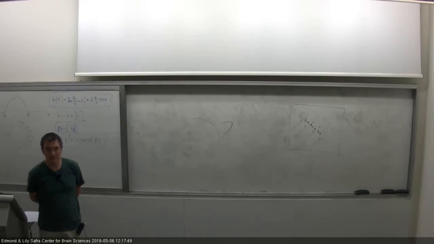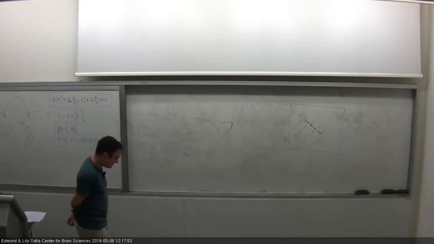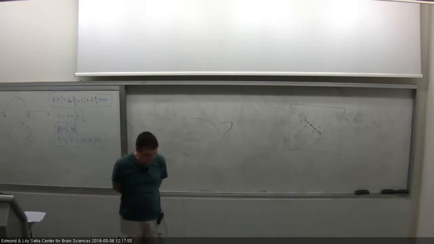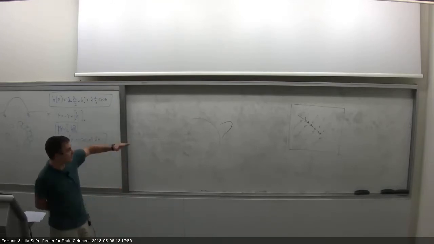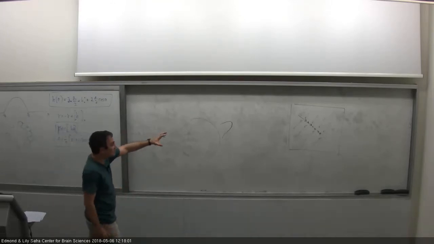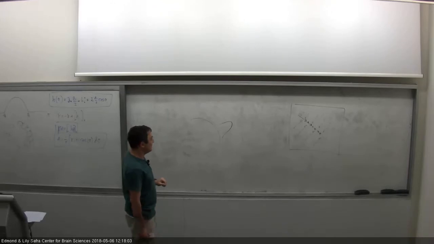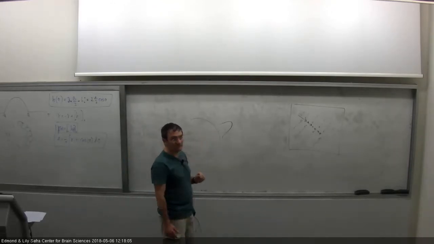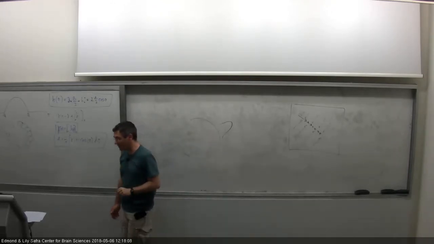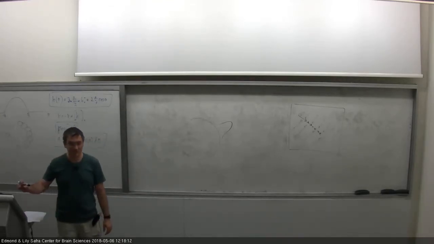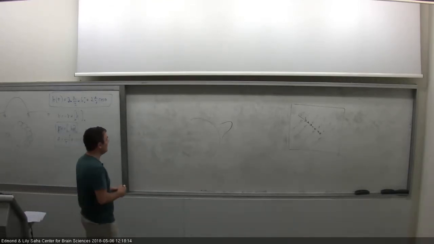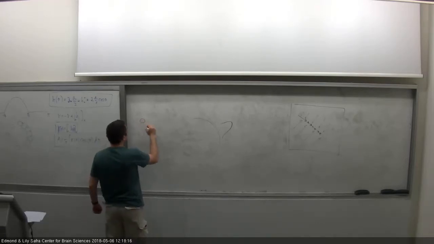Let's think about it in the framework of symmetries. In the continuous case, we have a symmetry to rotation. We can rotate the problem at any angle, and the set of equations that will describe it will be identical. What about a discrete case? Let's say that we have only 4 neurons or 6 neurons.